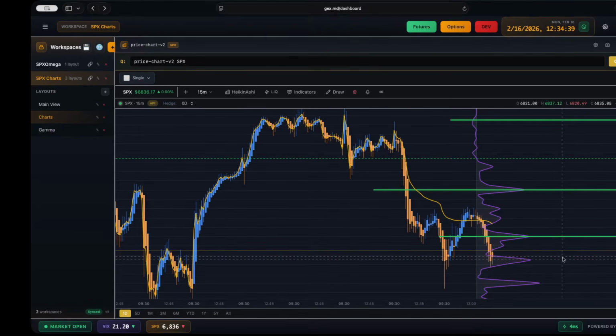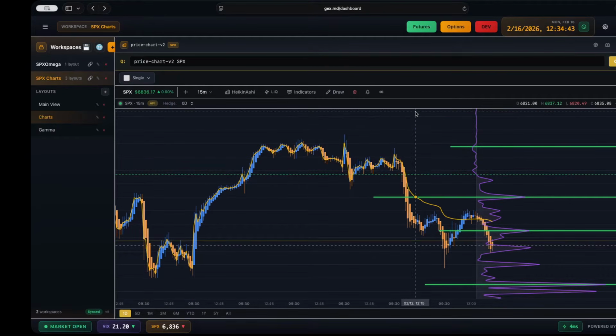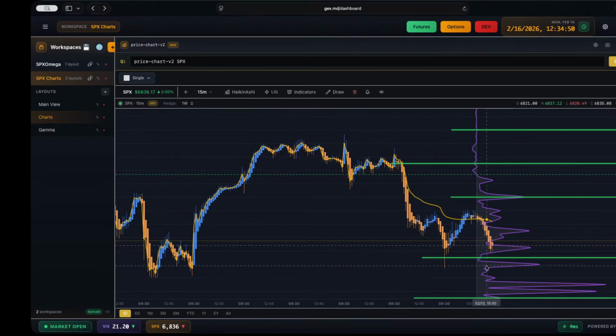So this, I don't use during the day. I'm just using it to see the weekly. How do I do weekly? You click here and then I put weekly. So I know exactly what to expect. And then take a look.